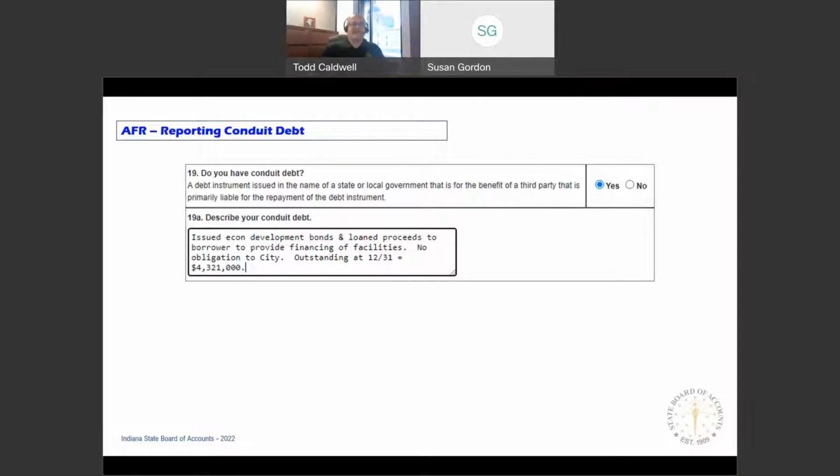I have a sample in it that I just typed in. You don't have to get too wordy, but I typed, we issued economic development bonds and loaned the proceeds to a borrower to provide financing of facilities. There's no obligation to the city, and the outstanding conduit debt at 12/31 was $4,321,000.